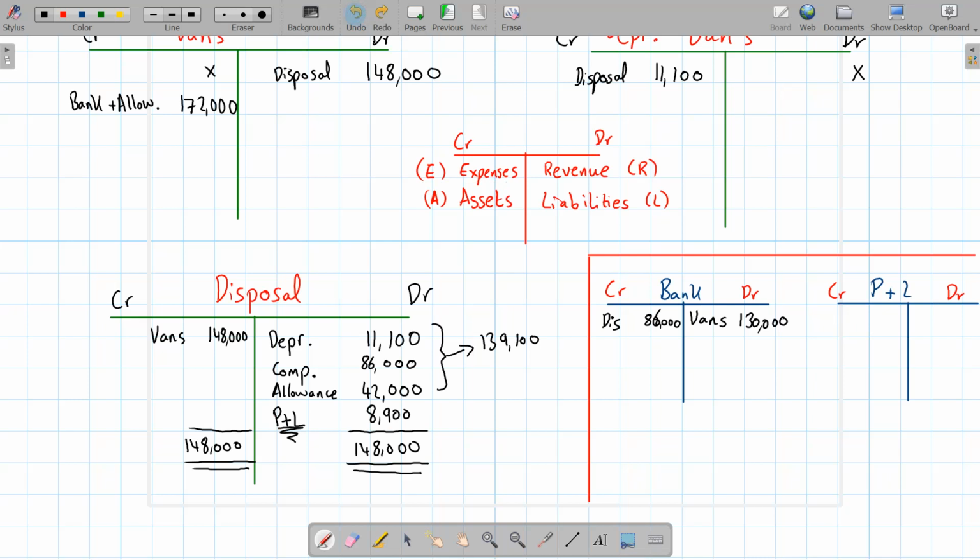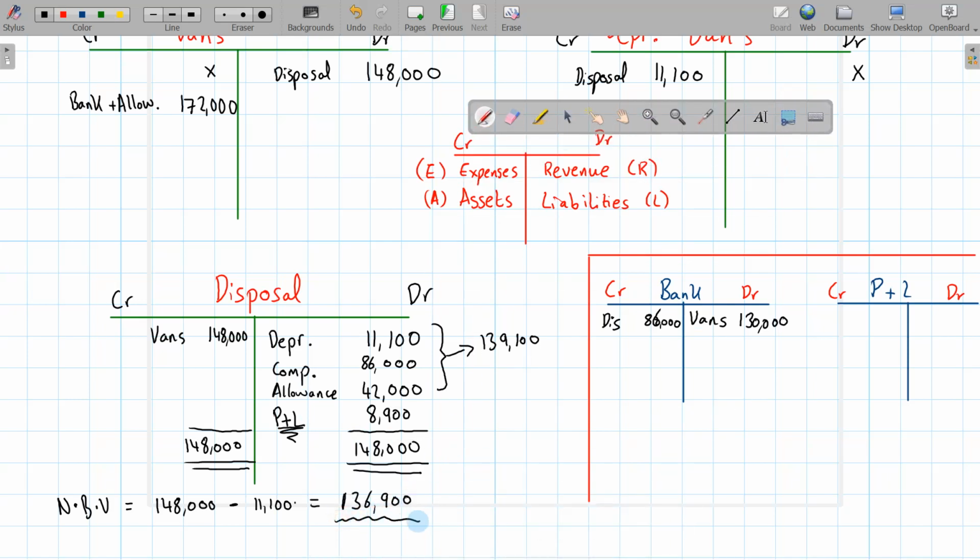And what we mean when we say an expense, what we're saying is that we've lost money on the trade of this vehicle. We lost 8,900 because its true value, or the net book value, is equal to 148,000 minus 11,100, which is 136,900.